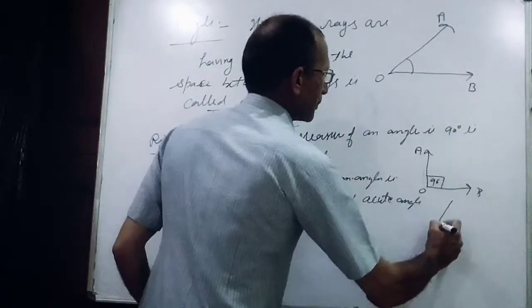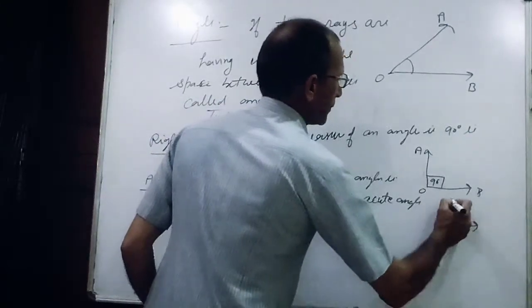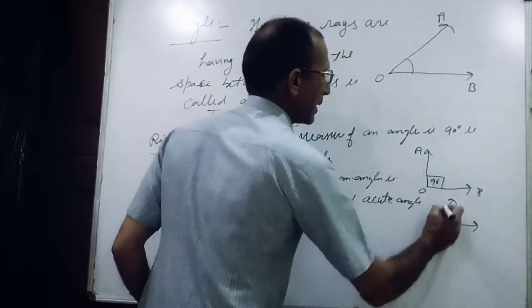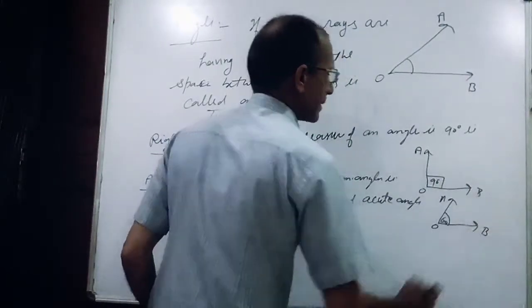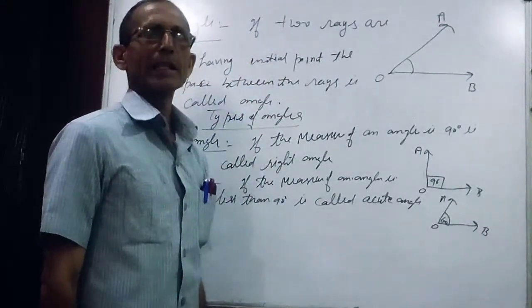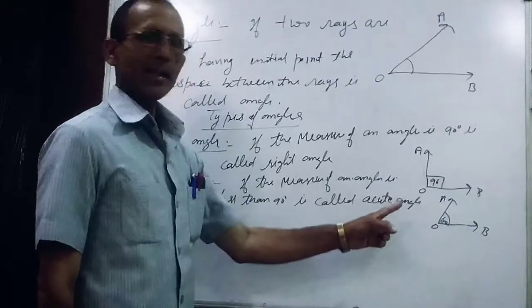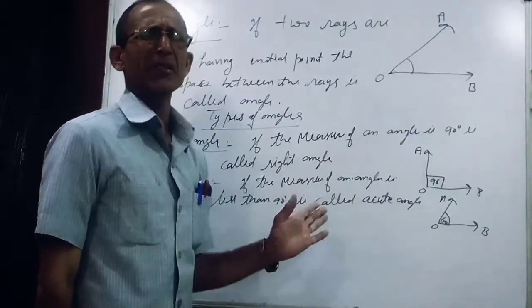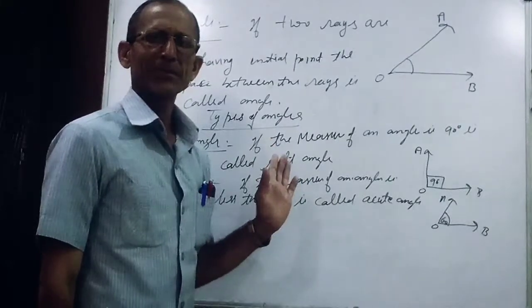It may be 60 degrees, 40 degrees, 30 degrees, which means less than 90 degrees. So this is an acute angle. Once again, I am repeating: the measure of an acute angle is less than 90 degrees and more than 0 degrees.